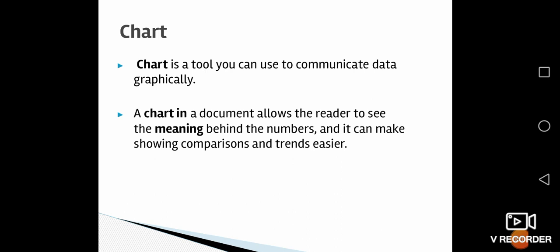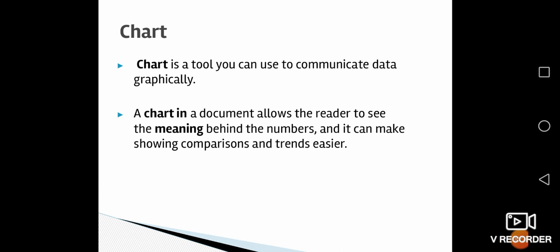Like on the 16th this many people are affected, on the 17th this many people. On a monthly basis they will show you the number of people who are infected. Instead of telling that, they mostly show it in a graph, so we can understand whether it is increasing or decreasing. That's how they create a chart.